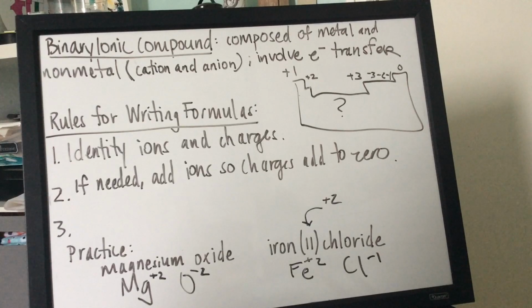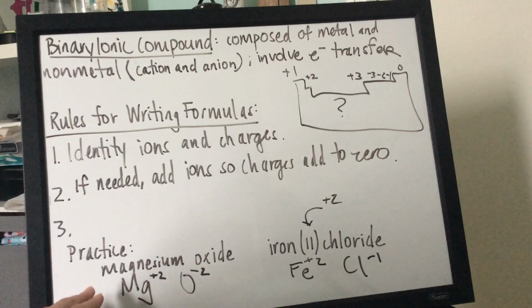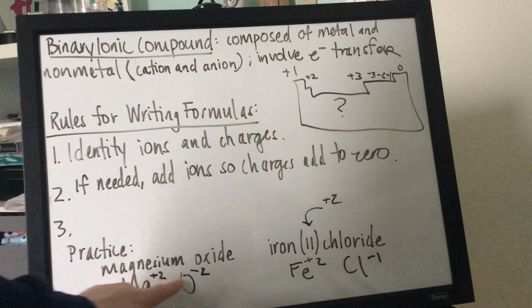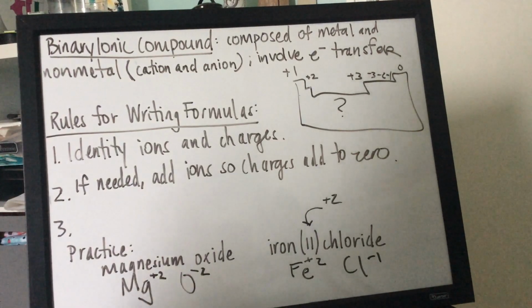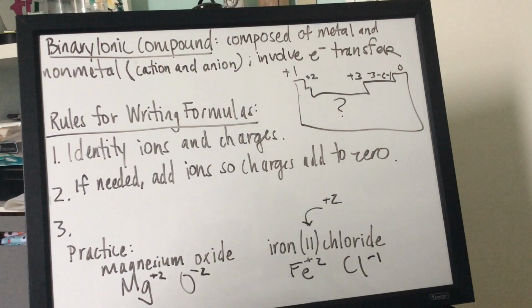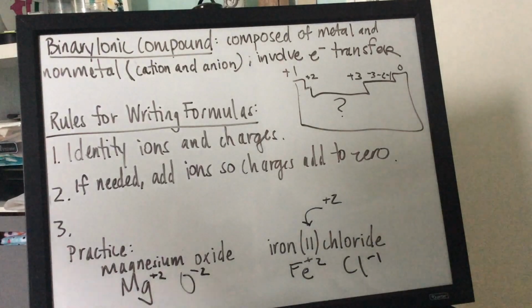And this has to be true in every single ionic compound, so this is something I always have to consider. In my first practice example, I have magnesium +2 and O -2. If you add +2 and -2 together, you get 0. So in this first example, everything is good. My total charge is 0, so I don't have to do anything.